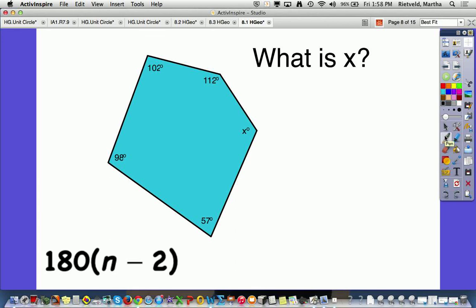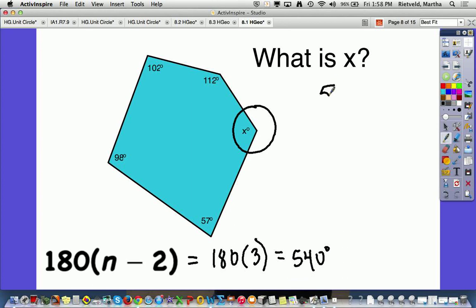Okay, so let's try some examples. In this first one, we have a 5-sided polygon, and we need to find this angle measure right here. The formula here says n minus 2 times 180. That will give us the sum of all the measures inside of a pentagon. So if we take 180 times 3, which is how many triangles we could create by drawing in diagonals, we get 540 degrees.